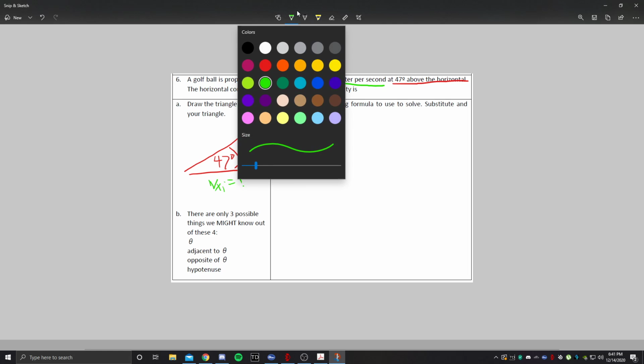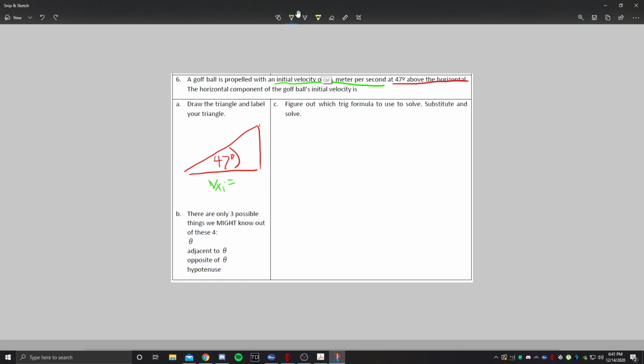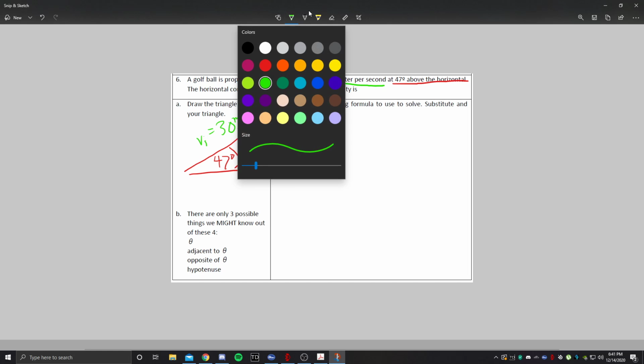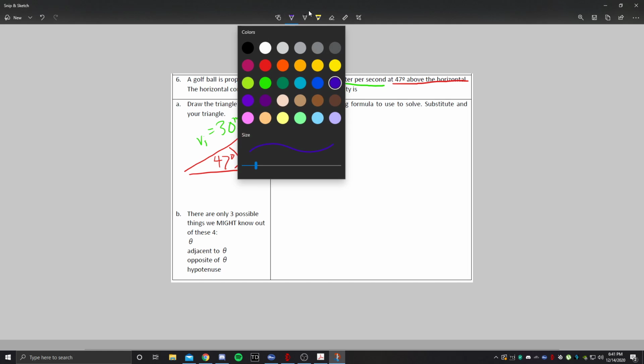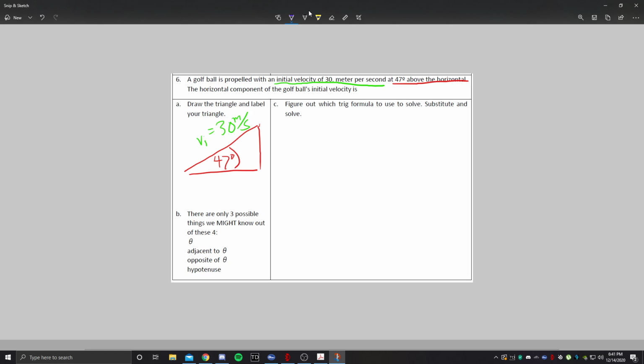It says your horizontal component is what they want to find out. What is your horizontal component?